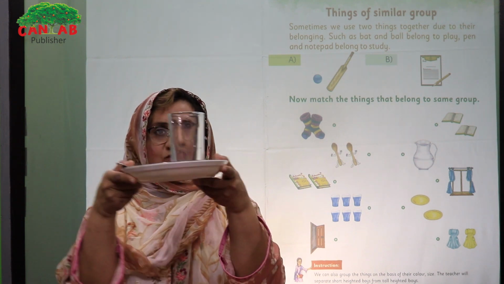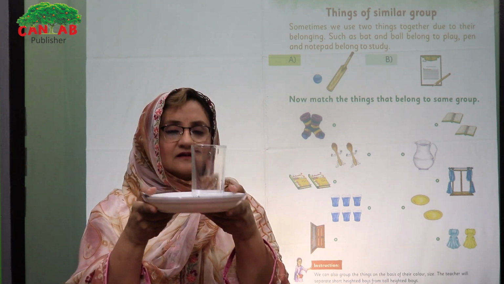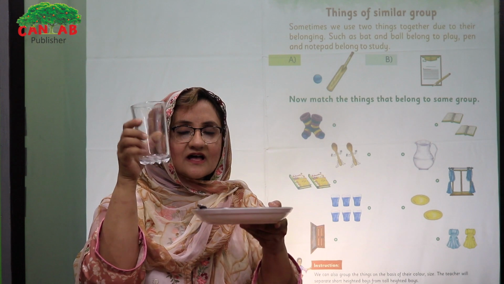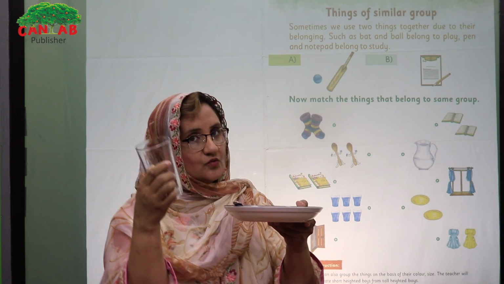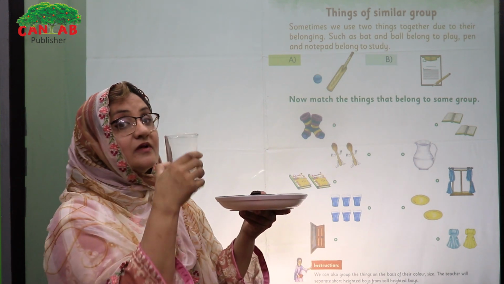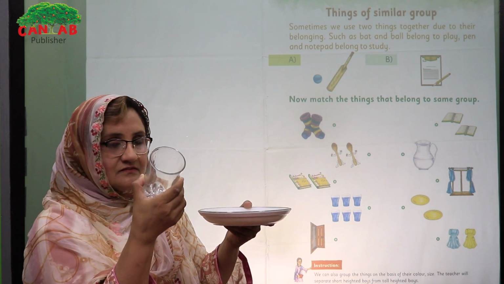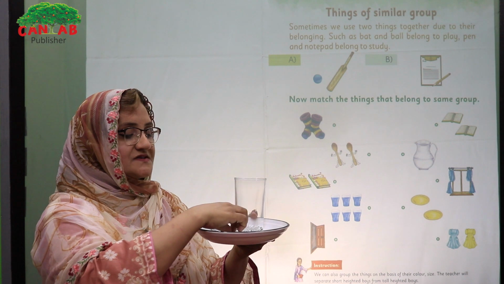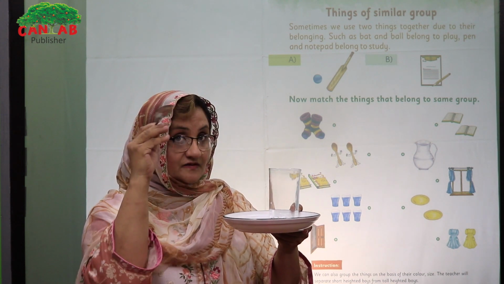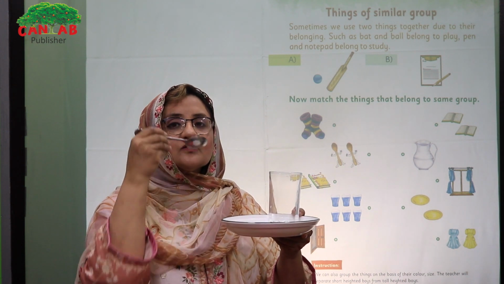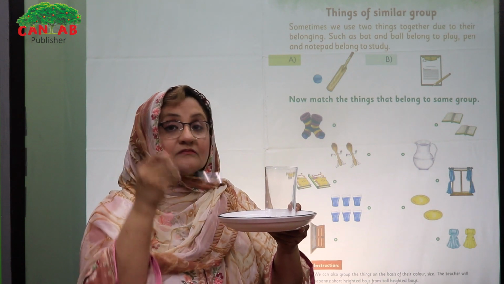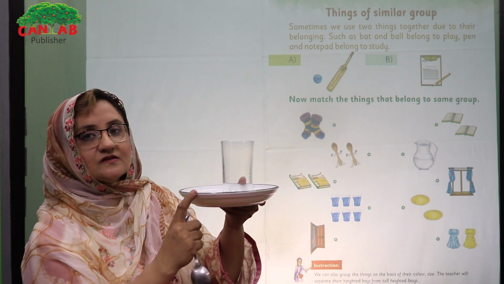Look at here, what I am having in my hand. This is a glass, and we use it to drink water, milk, and juices. And what is this? This is a spoon, and we use it to eat food. And what about this one?